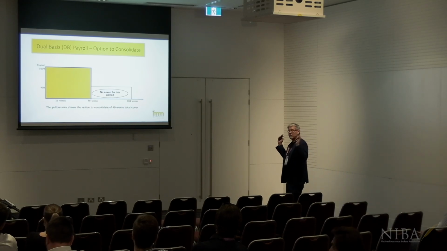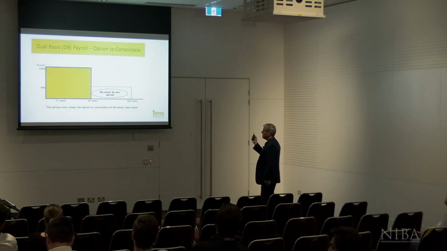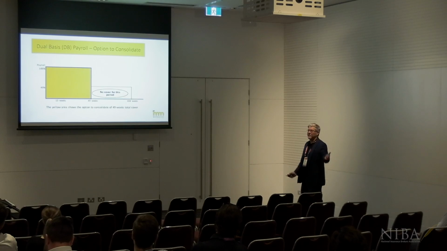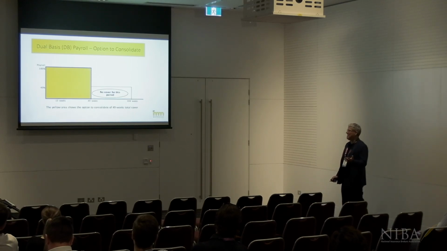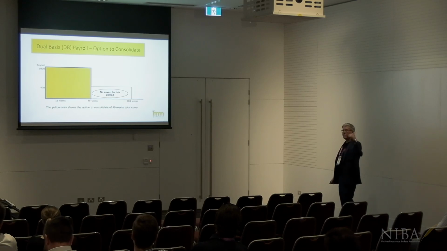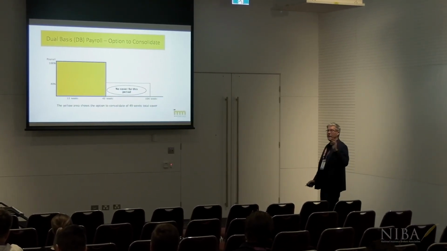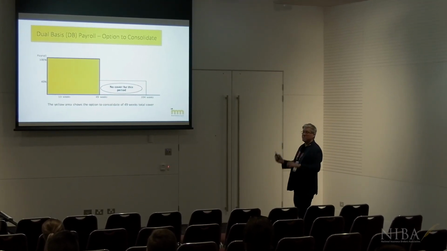So basically, as long as they can get back up and running, close within a year to business as usual, they'll get the advantage of dual basis payroll. But obviously if they haven't worked out their business continuity plan properly, it's an exposure. But in terms of clients like manufacturing, like clubs, restaurants, with high casual staff, then this is really an option that they want to look at.